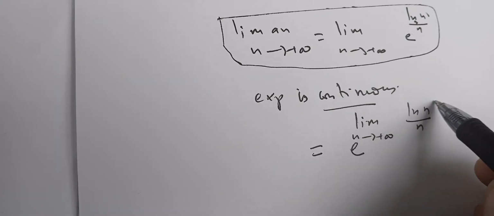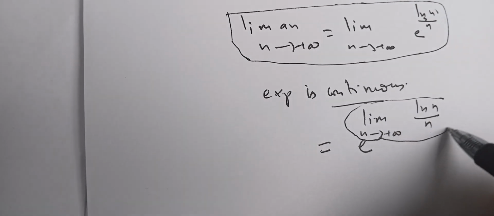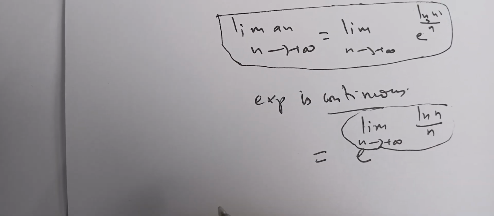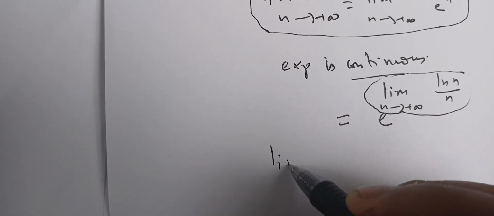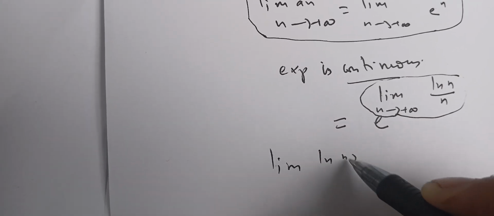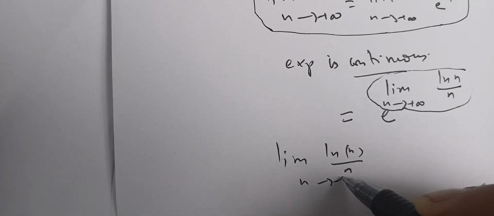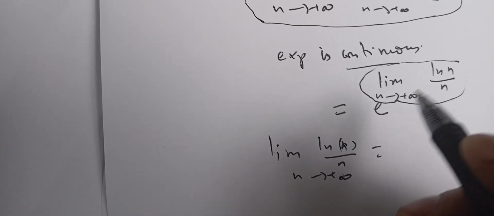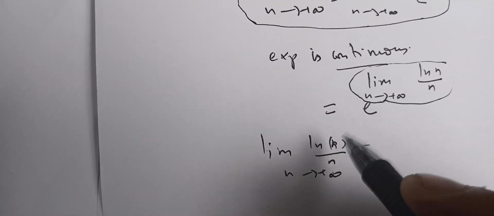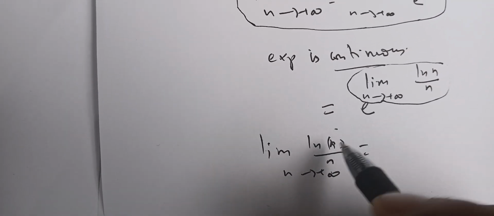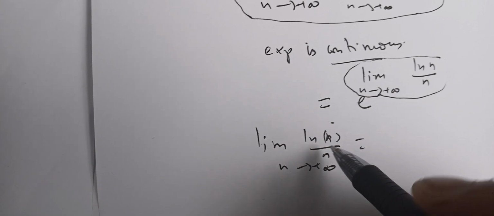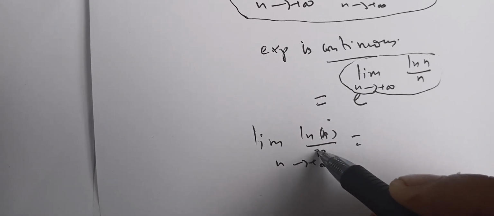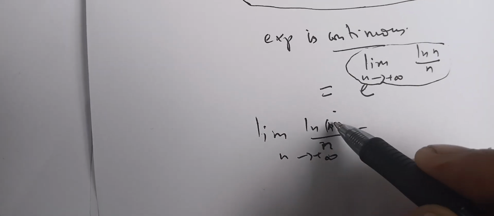Now we compute this limit here and we bring it back here. So what's this limit? The limit of ln of n over n as n goes to infinity. We know that powers, when they fight against the log, are stronger than the log.